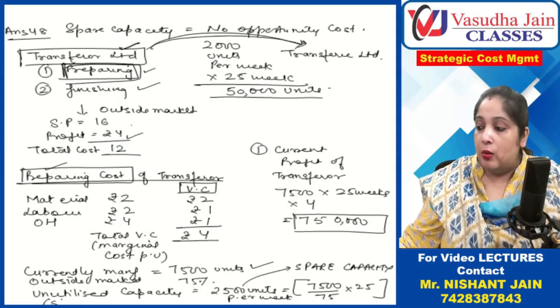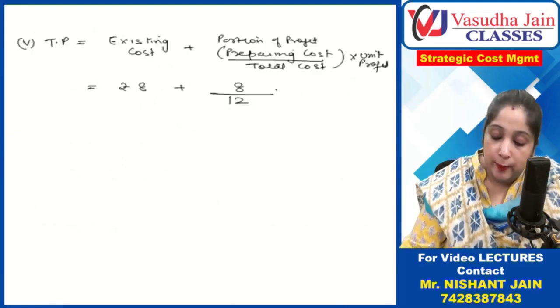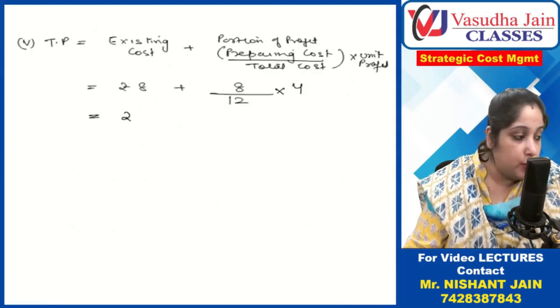Okay, so putting in the same figures, the profit per unit is 4 rupees. So how much do you get? Rupees 8.